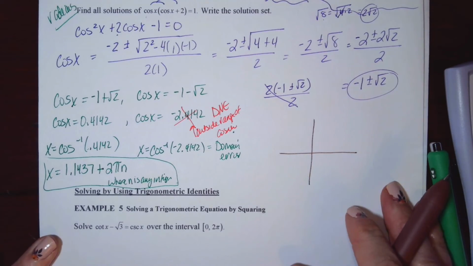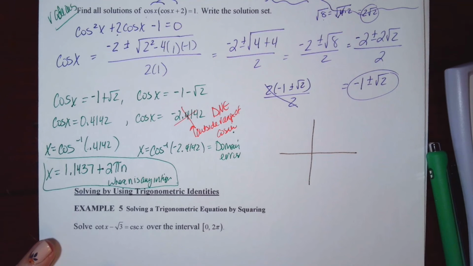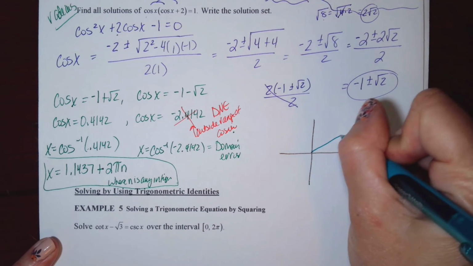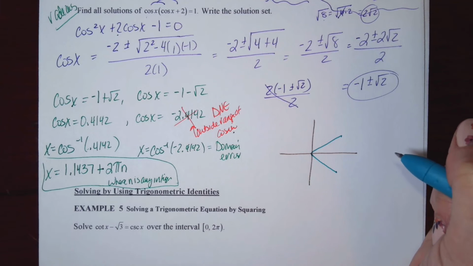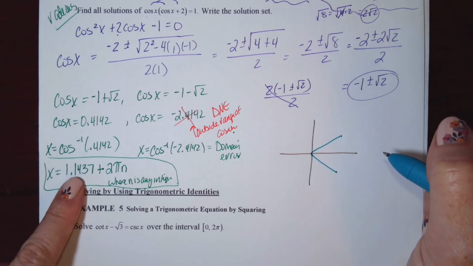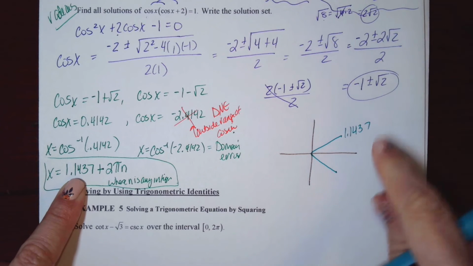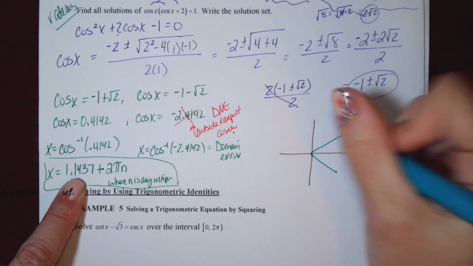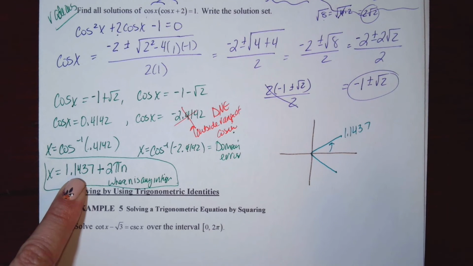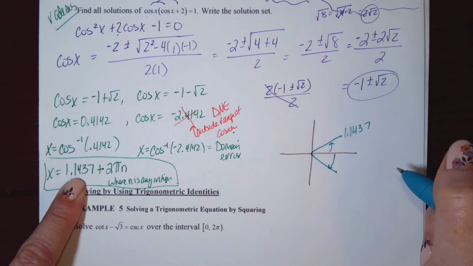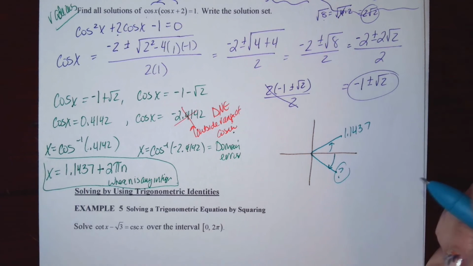Cosine is positive in quadrants 1 and 4. So I've got angles here and here. 1.1437 radians is right here. This is the one we just worked out. But I also have this one, and I need to figure out what it's going to be.